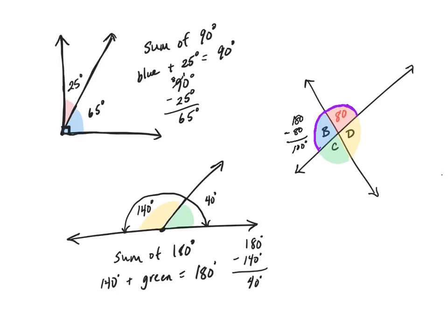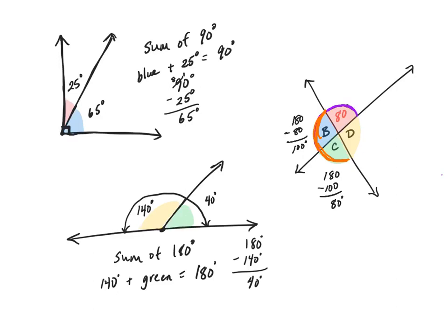I can do exactly the same relationship between angle B and angle C. Angle B and angle C also combine to equal this big 180 degree straight angle. So if I use that supplementary relationship, I can take 180 degrees, subtract angle B, which I now know to be 100, and I find out the measure of angle C, which is 80 degrees.